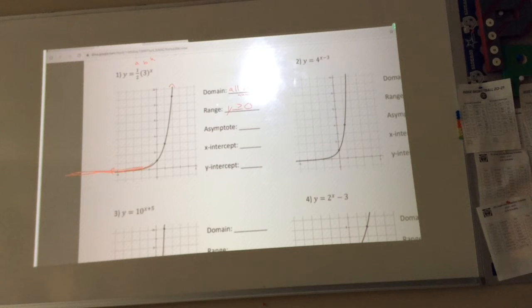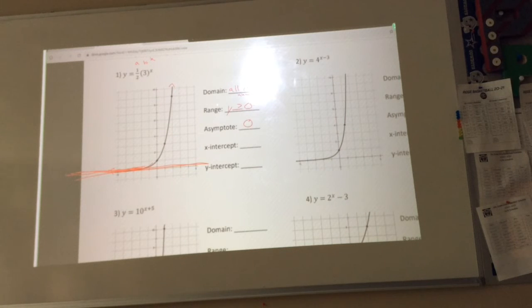This piece, how it's getting closer and closer to that value. It's never going to actually touch it, but it's going to get closer and closer and smaller and smaller. So for this particular problem, we would call the asymptote 0, because this y value is getting closer to 0 without ever actually touching it.